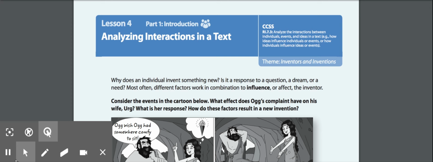We will review that visualizing interactions between factors can help students make connections. And our how is identifying relationships between individuals, events, and ideas in an informational text. We will also analyze how interactions between individuals, events, and ideas influence other events and ideas. Let's go ahead and start with our story.